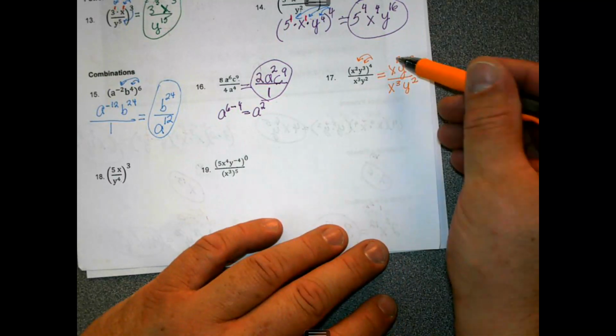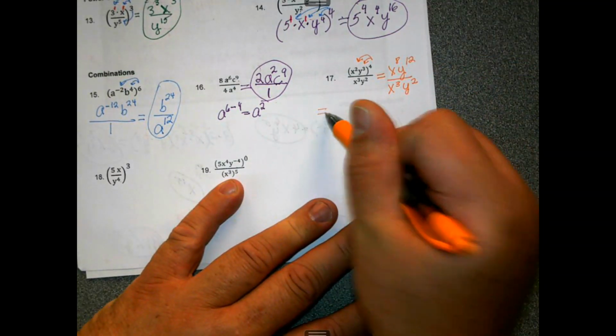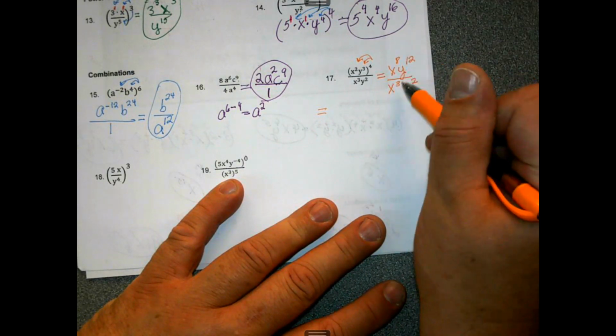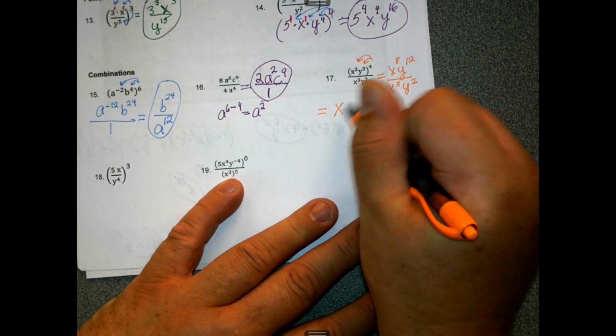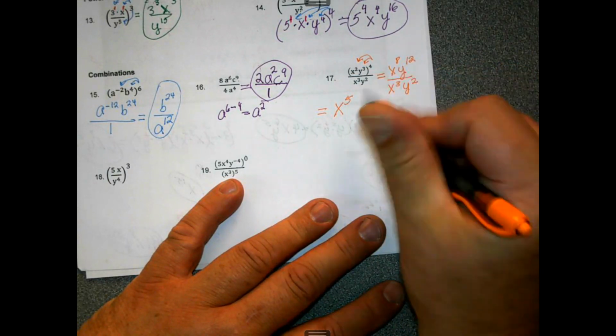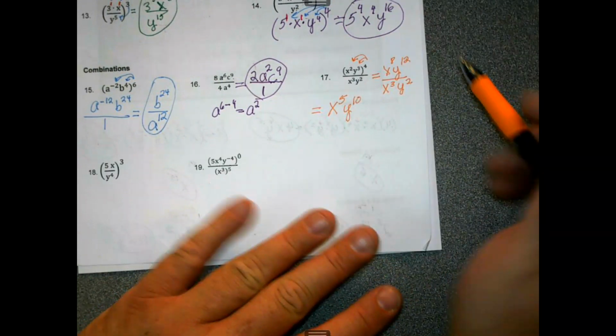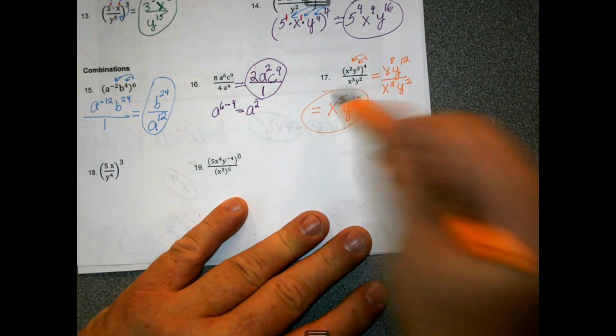Now I'm going to have to subtract the exponents. So I get x to the 8 minus 3, x to the 5th, y to the 12 minus 2, y to the 10th. No negative exponents to worry about. Good to go.